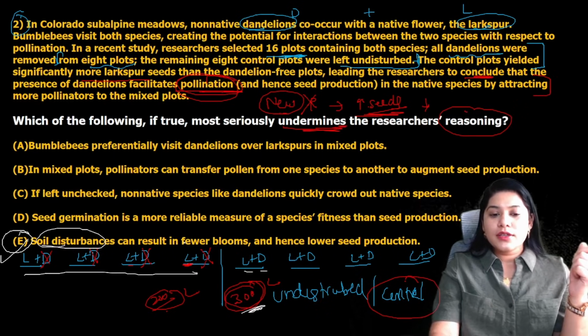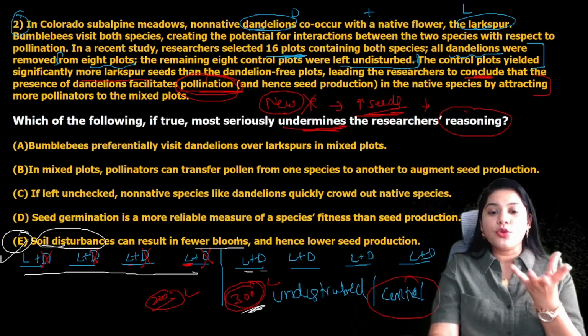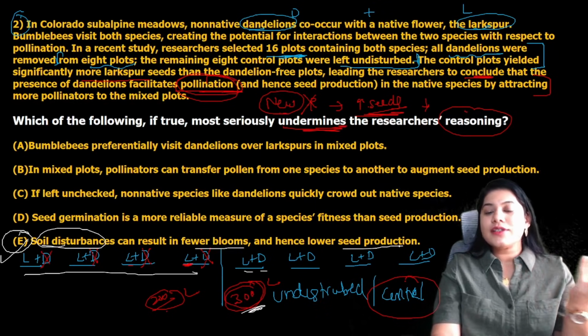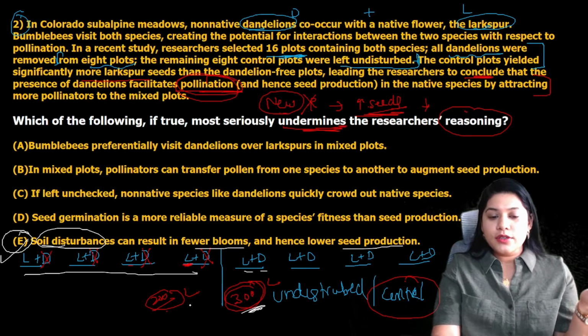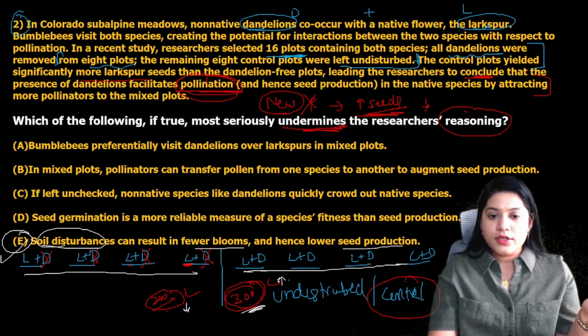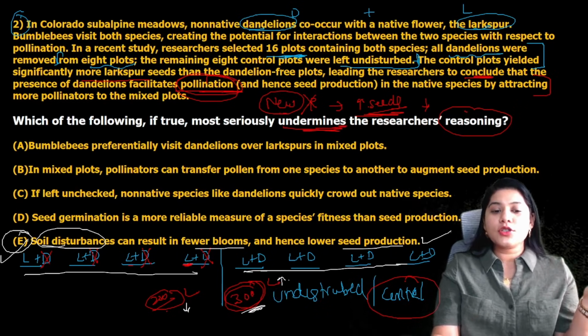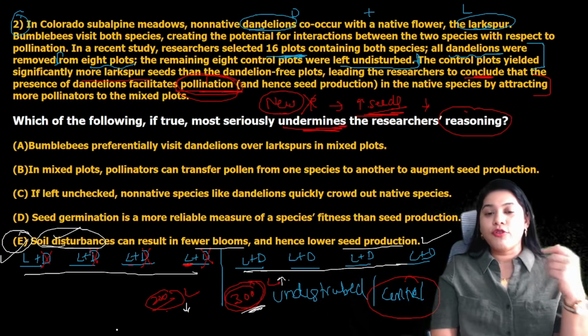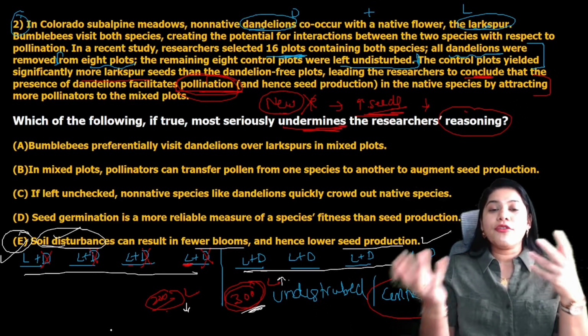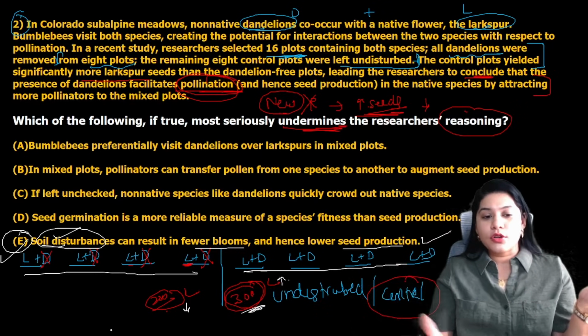Soil disturbance resulted in fewer flowers, fewer blooms, and that's why even the seeds are fewer. That could also be a reason why the seeds are fewer here, and here the soil is not disturbed, and that's why the seeds are more, flowers are more, isn't it? So, right, that could be a great reason, and we are saying pollination is not the reason, soil disturbance is the reason. We are finding a new reason for the difference in number of seeds in both the plots.